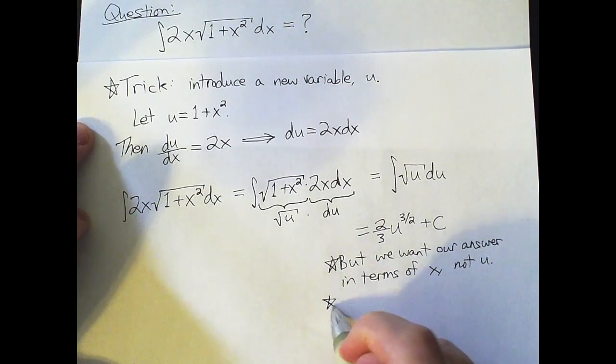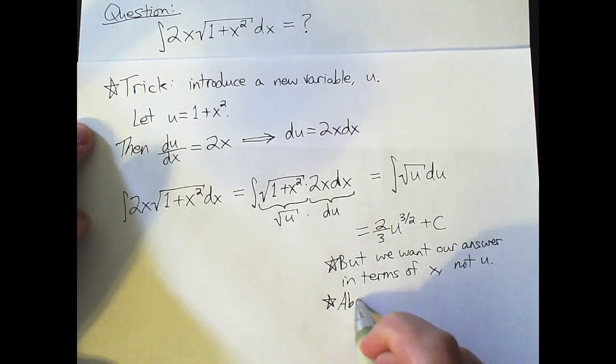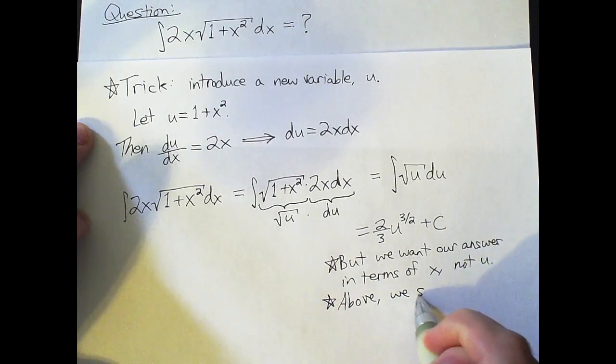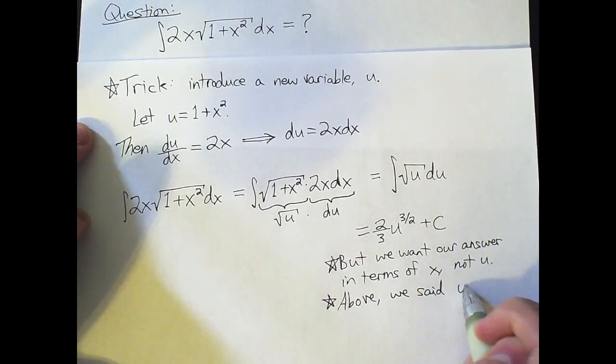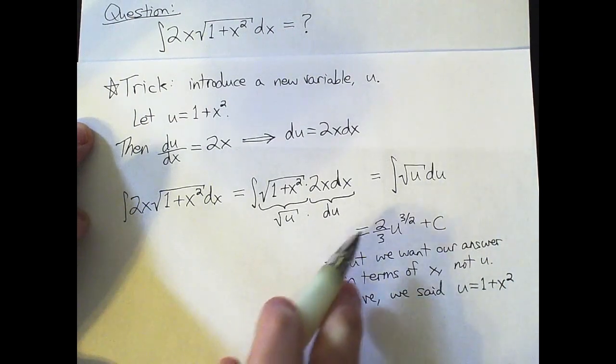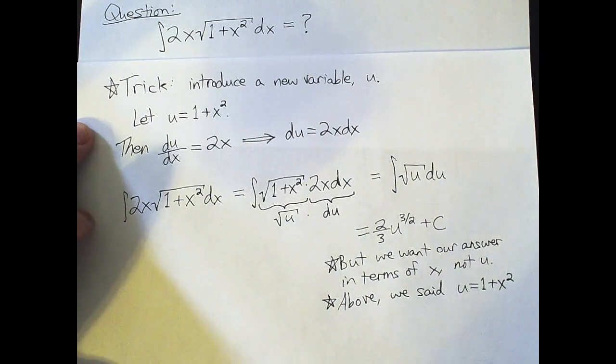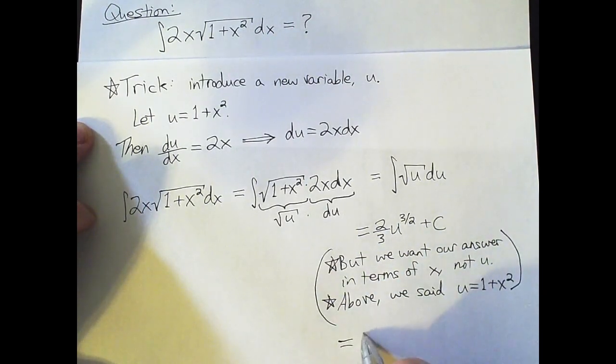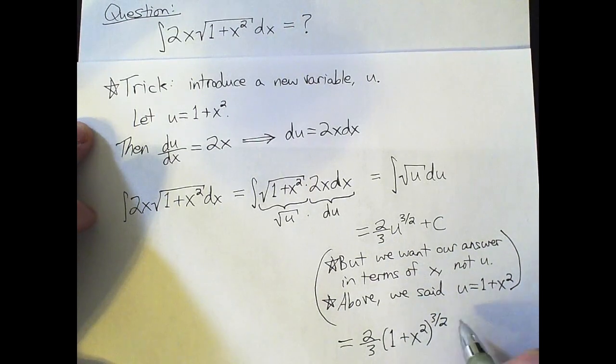What can we do? Above, we said that u is 1 plus x squared. So we can put that back into the answer, and then we'll have an answer in terms of x. So let me put this in parentheses. And what we wrote above is 2/3 (1 plus x squared) to the 3/2 plus c. And that is the answer.